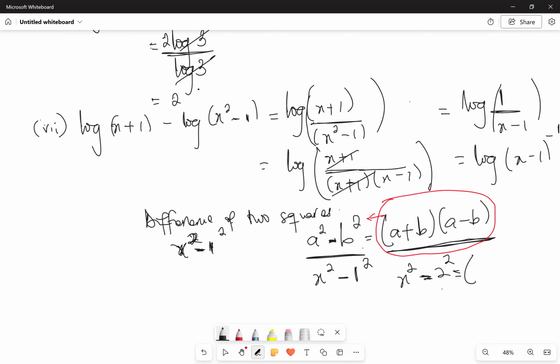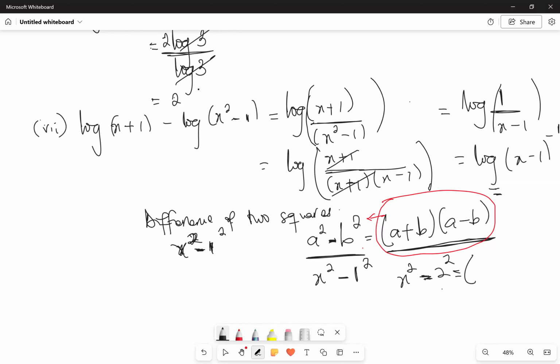If you remember, refer to indices. It's about negative index. When you have a number raised to a negative index, it's equal to the reciprocal of that number raised to the same but positive index.